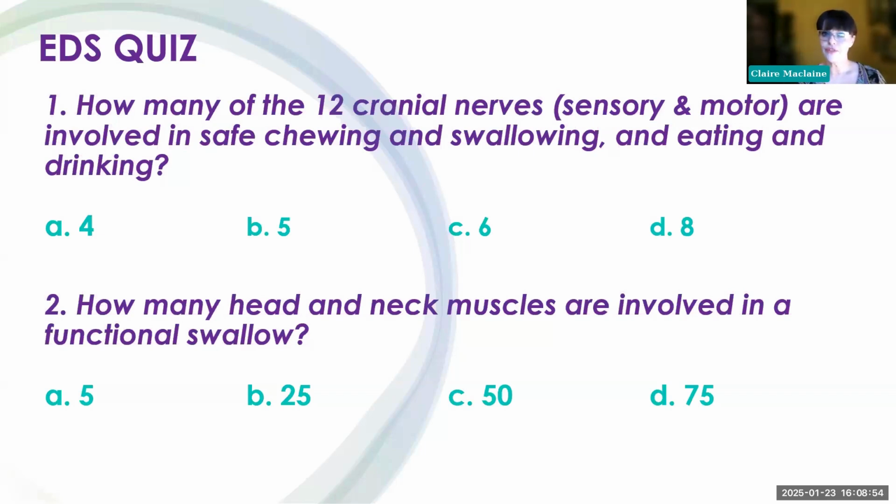So if you're wanting to refer your clients who you suspect have got an EDS, you need to make sure it's a speech and language therapist that is trained in neurological dysphagia, because there's so many components to it. And the problem that we have with a lot of our clients with neurological conditions is that they have a lot of concomitant disorders as well. So somebody might have a slight neurological dysphagia, but that might not be the biggest problem.